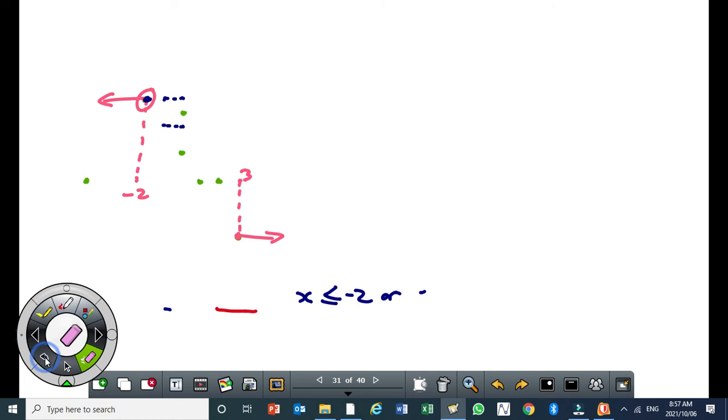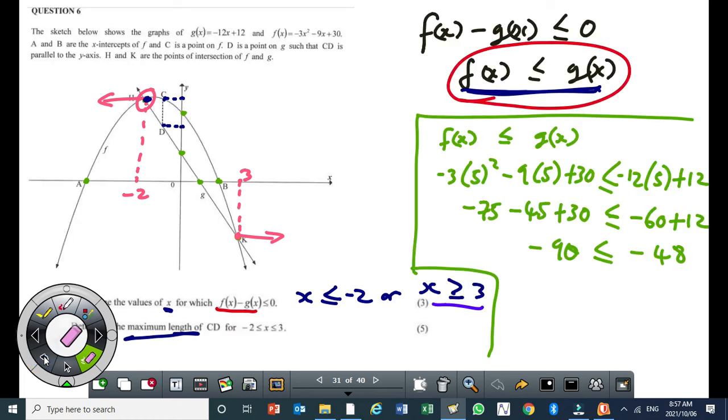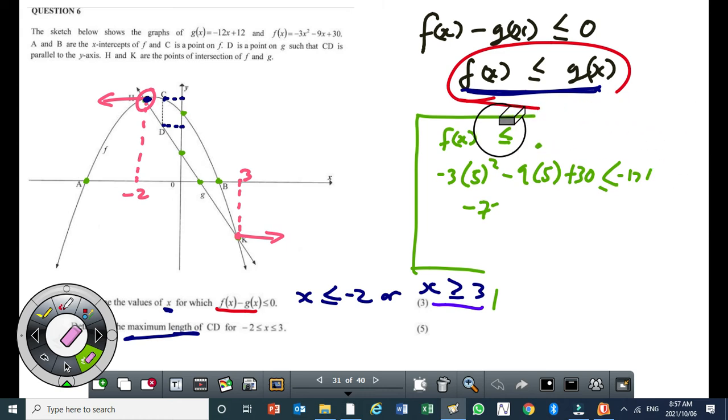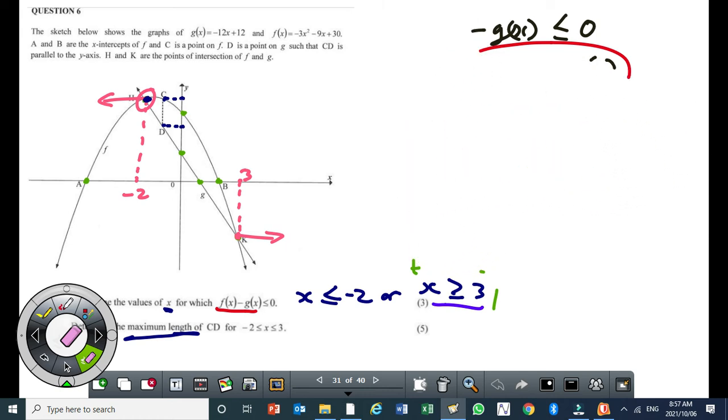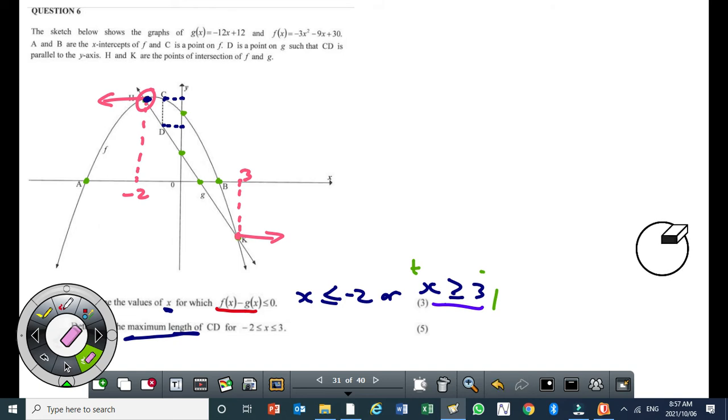Let me redo it again. I'm just hoping that it will work. Okay, so we're good to go now.